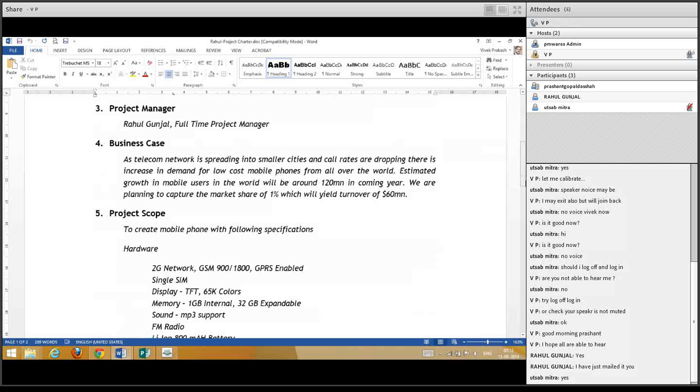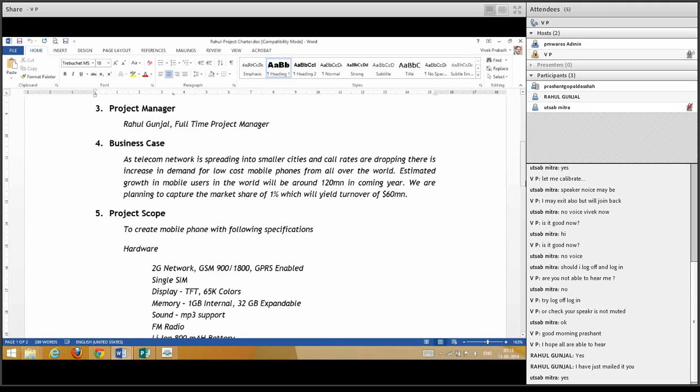Rahul is the project manager. Business case: as telecom network is spreading into smaller cities and call rates are dropping there, there is increase in demand for low cost mobile phones from all over the world.